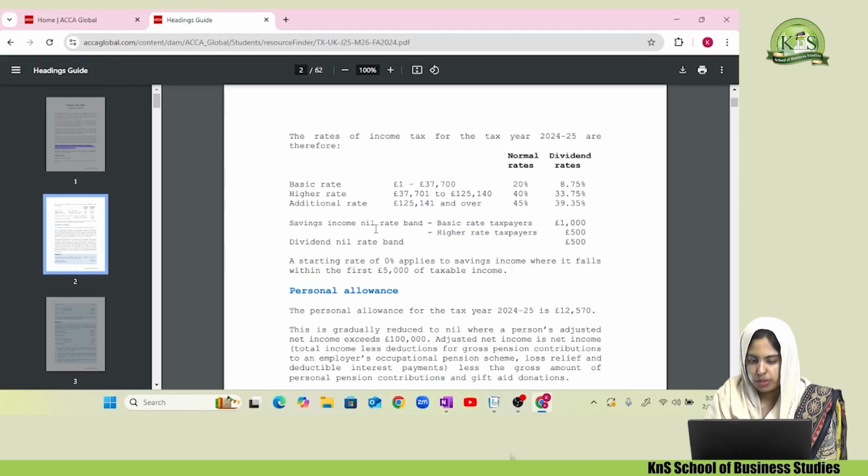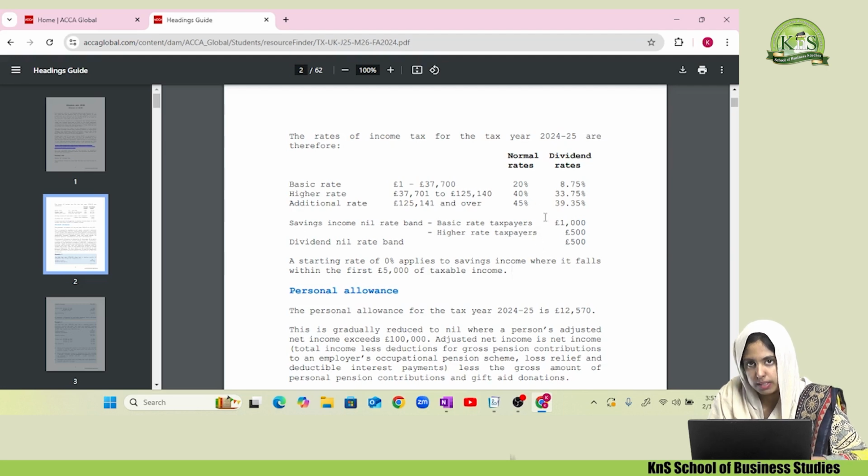Then moving towards the second component, the savings band, how savings will be taxed. If you are a basic rate taxpayer, if your income is between £1 and 37,700, you will be categorized as a basic rate taxpayer. If you are a BRTP and your savings are like 1,000, you will be exempt. No tax on your savings. And if you are a HRTP and your savings income is, let's say, £500, it is exempt.